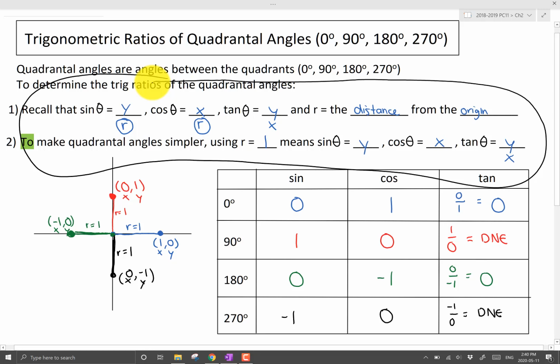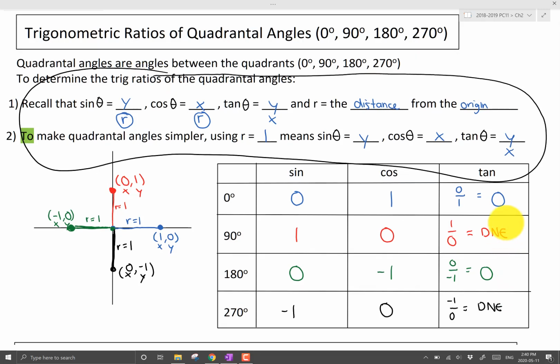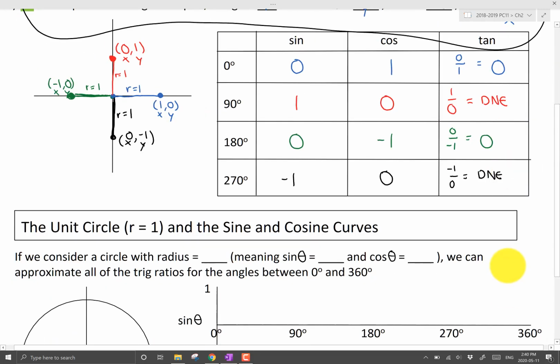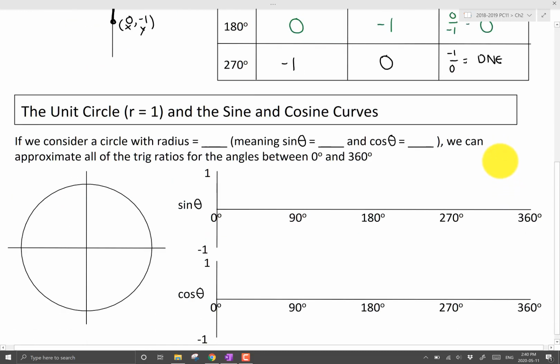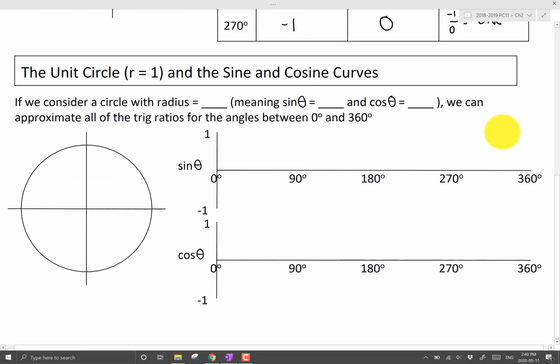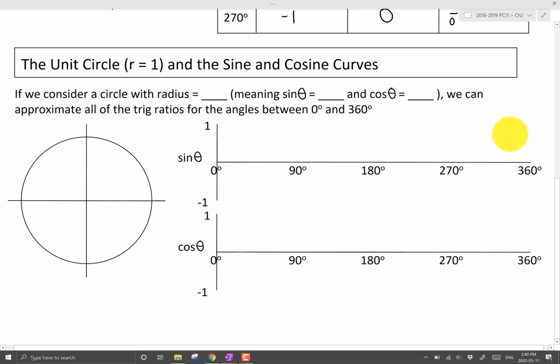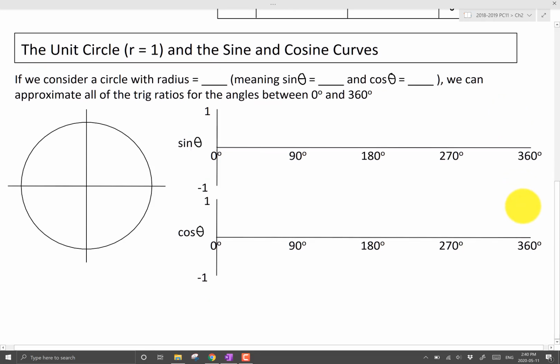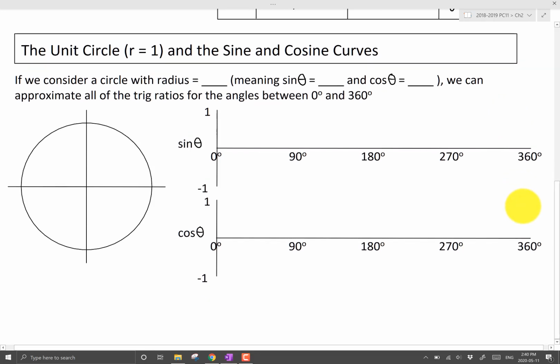In an extension to that, something that you might learn in the future, it might not be in the current course that you're in, but I just want to show you that we can extend that to all of the angles and come up with an approximate ratio for all of the angles using what we call the unit circle. So out of interest's sake, if we used a unit circle, the easiest base number is 1.